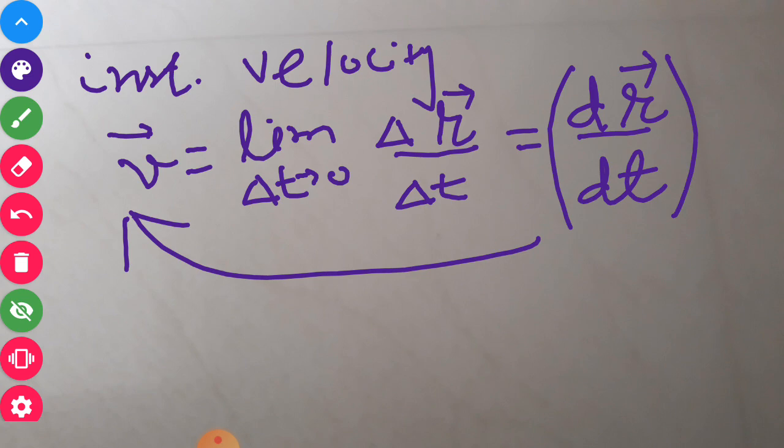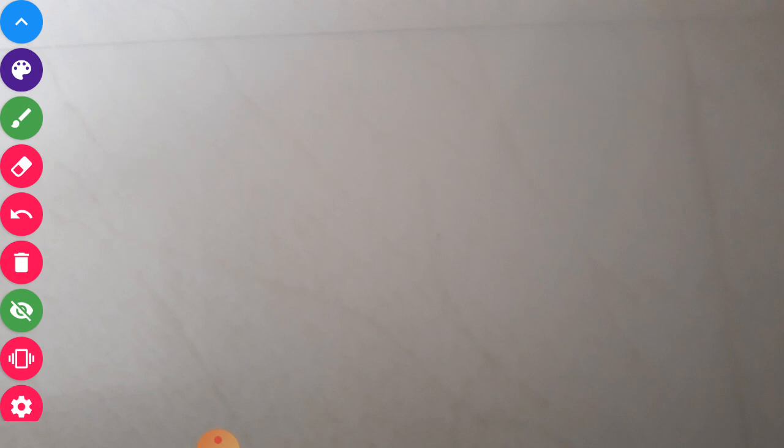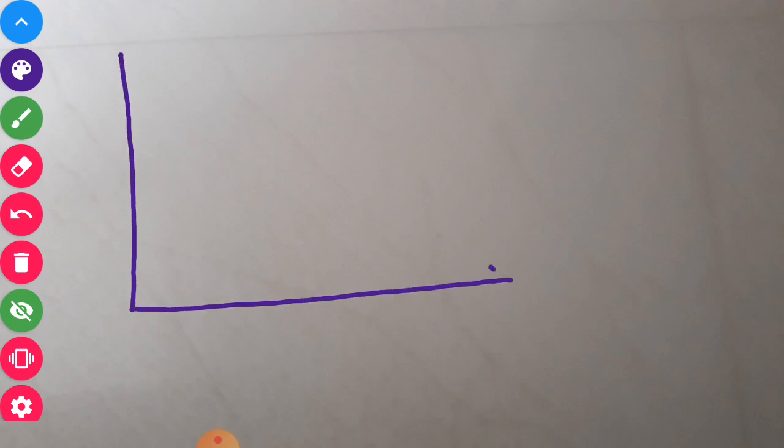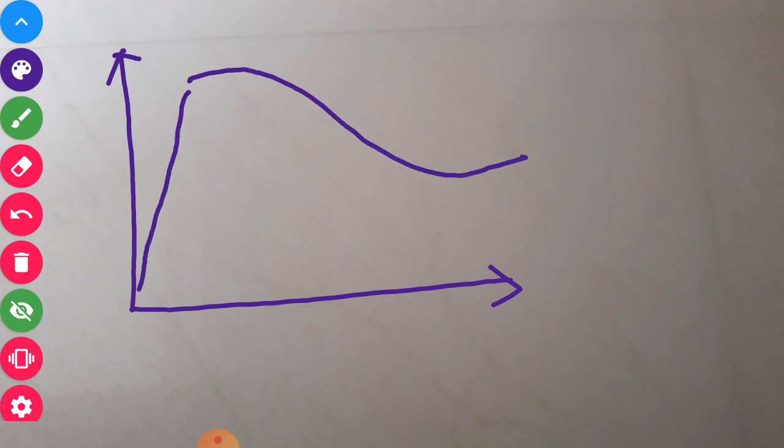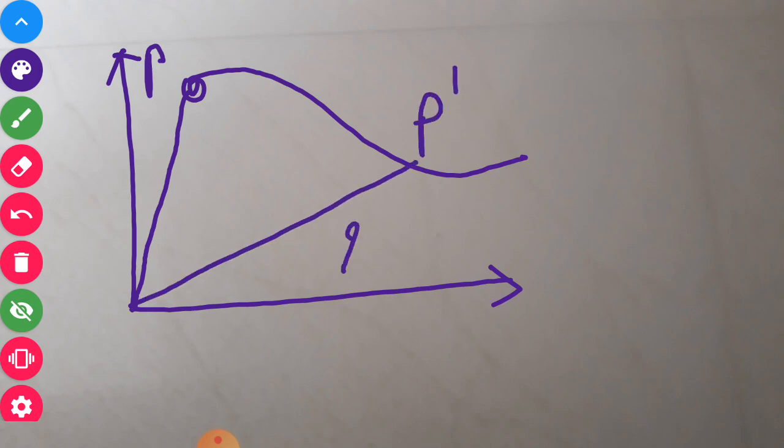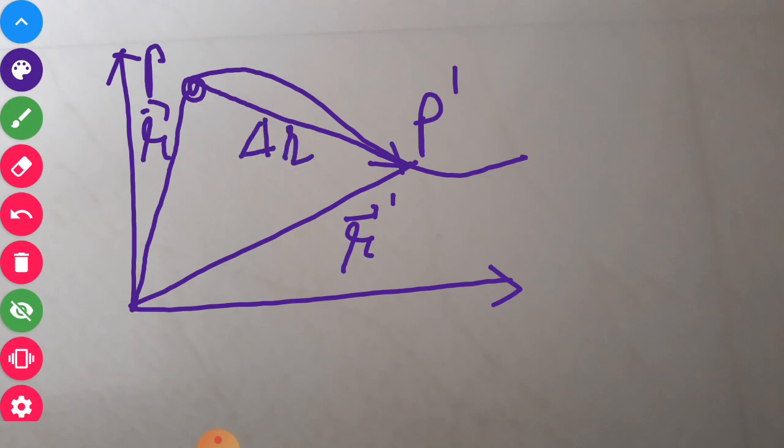And as we have understood earlier, if the particle is moving on this kind of curved path, from this position say p to some final position p prime, whose position vector is r prime, with initial position vector r, then this is the direction of the change in position, which becomes delta r.